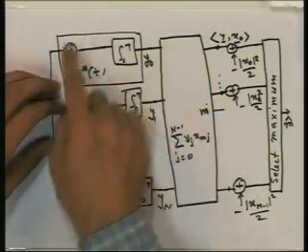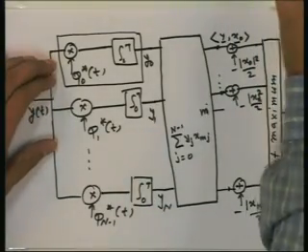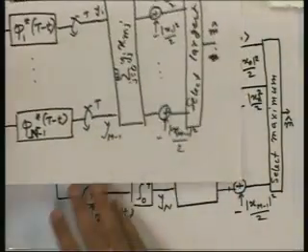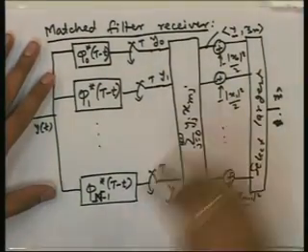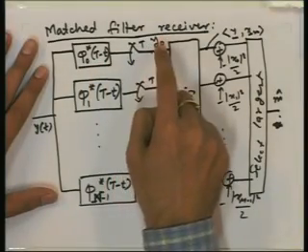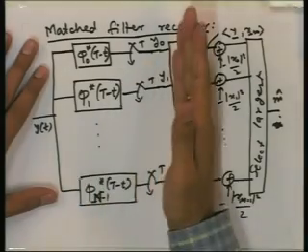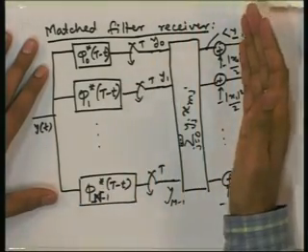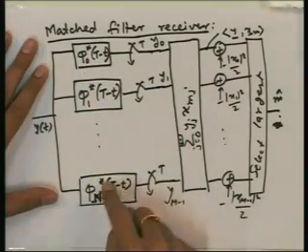We have also seen that this block and all these blocks can be implemented using matched filters matched to the basis signals, like this. Using a matched filter and the sampler, we can again get these quantities, and then we can do the same operations here. So, this is the matched filter receiver where the same operation is done using matched filters.